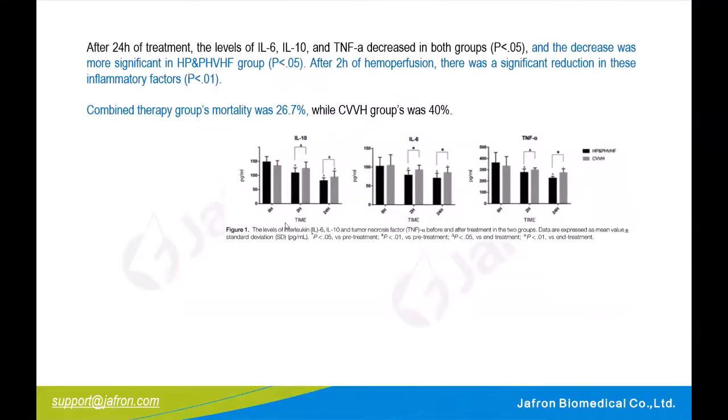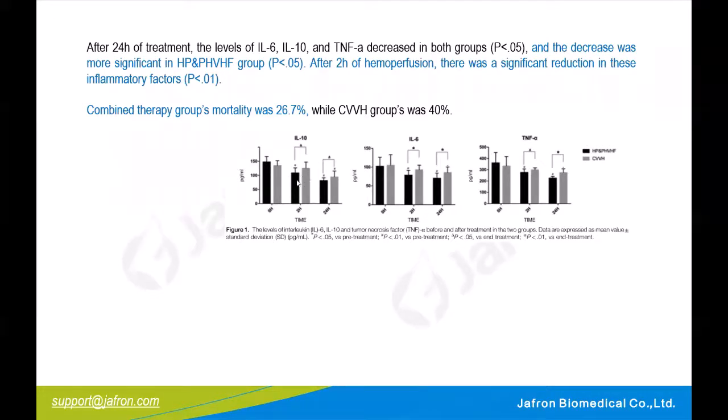And what's more, for the cytokine level after 24 hours, we can see that interleukin 10, interleukin 6, and TNF alpha in both groups all have a reduction. But the hemoperfusion plus post-high volume hemofiltration group shows a much more significant reduction compared with the black one comparing with the gray one.